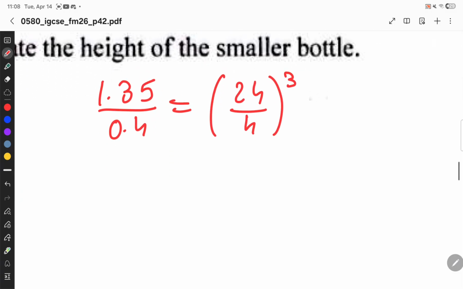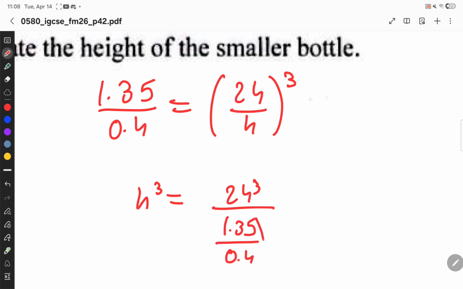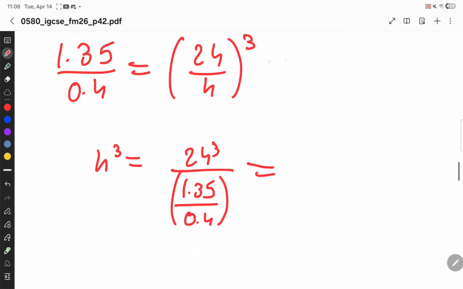If we solve for h, we get h cubed is equal to 24 cubed over 1.35 over 0.4 in brackets. This works out to be 1.35 divided by 0.4, and this is 4096.